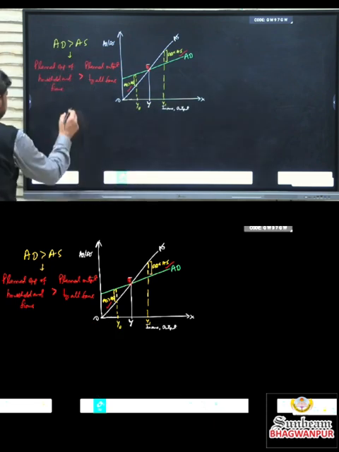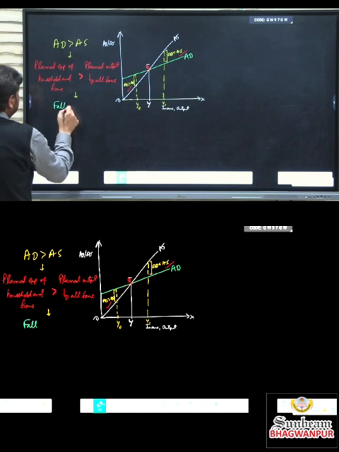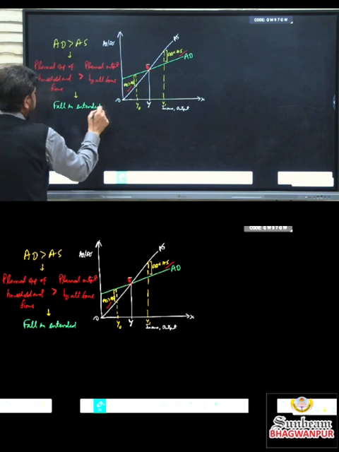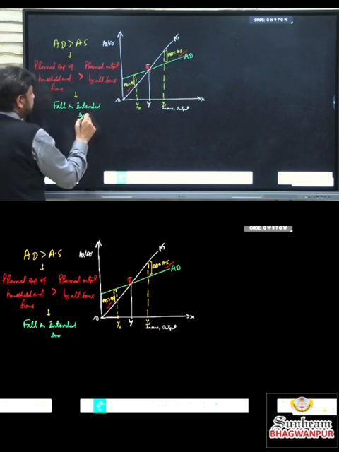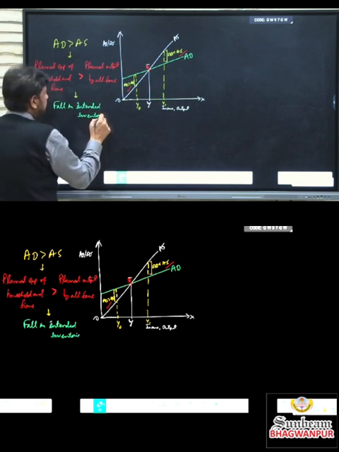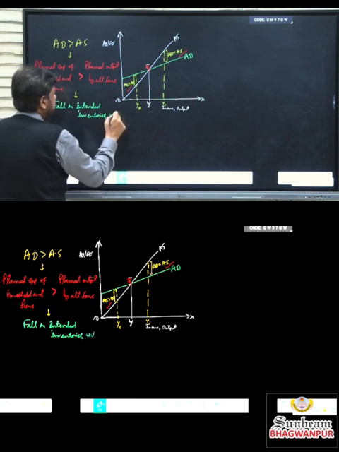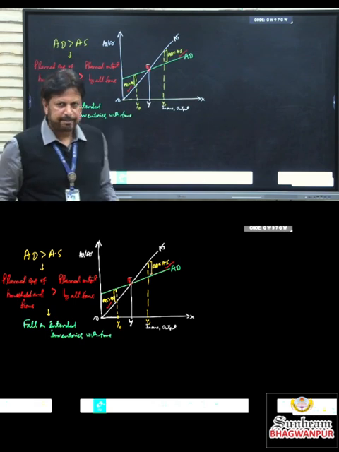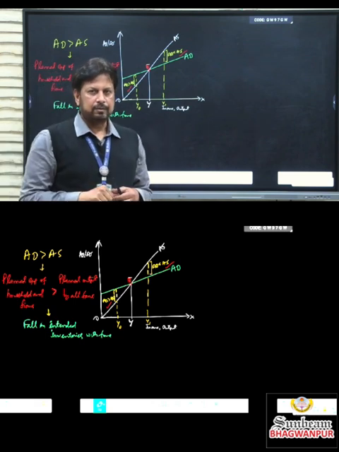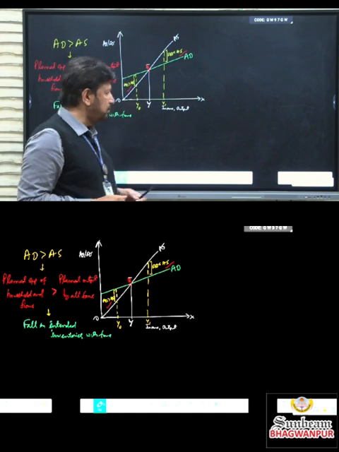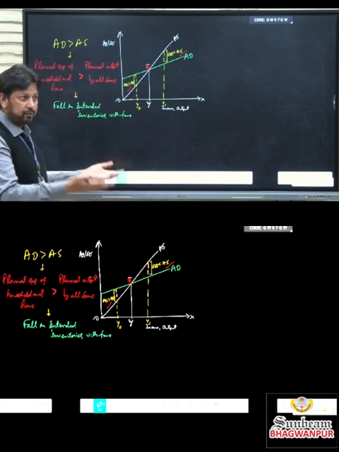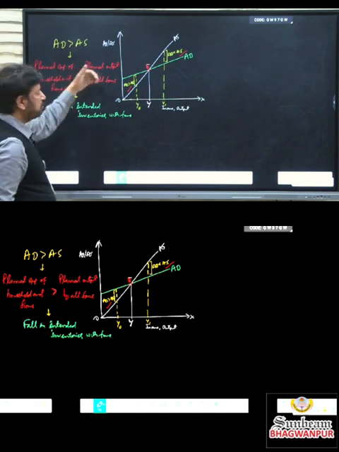Now this particular situation will lead to a fall in intended inventories with firms. Whatever stocks firms have planned, the same investment is going to be reduced because demand is more than supply.